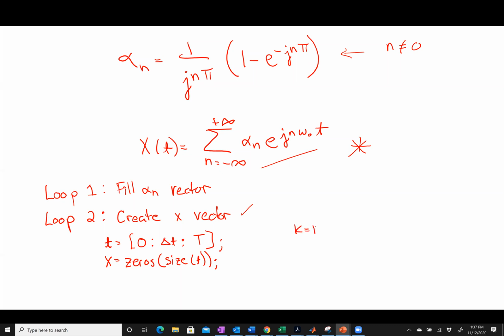the alpha vector. So for k equal to 1, I want x to be equal to x, which is all zeros at this point, plus what? What would I put in there?